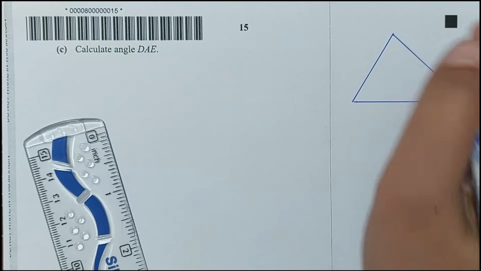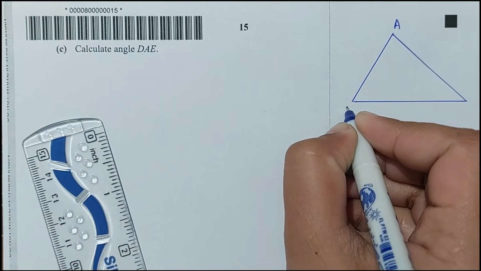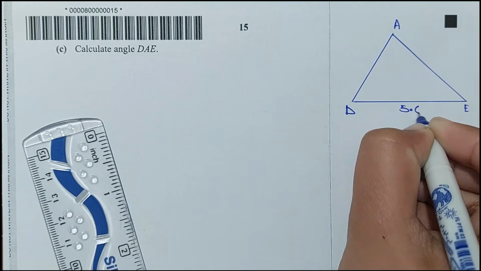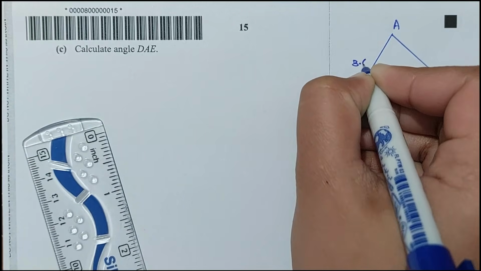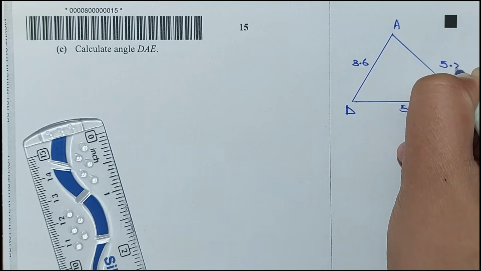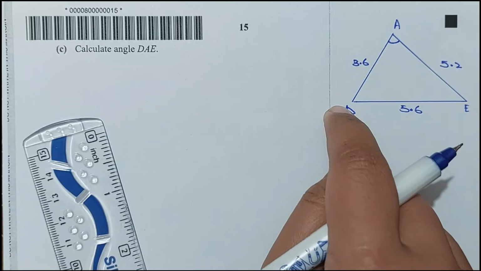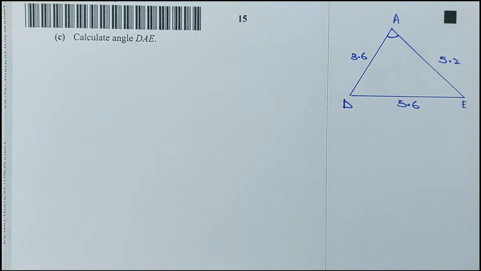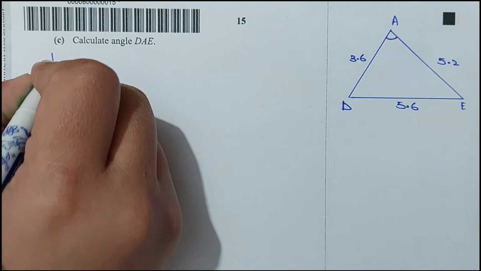This side is 5.6, which is given, and we found this side 3.6 and this is 5.2. We have to find this angle DAE. All three sides are given and we have to find one angle, so apply the law of cosine.